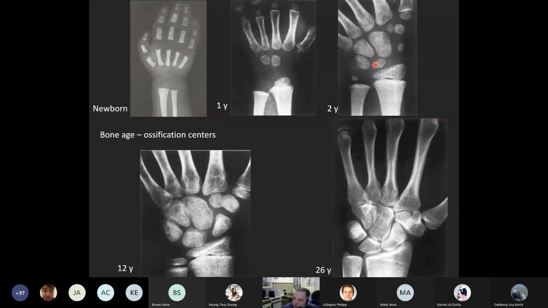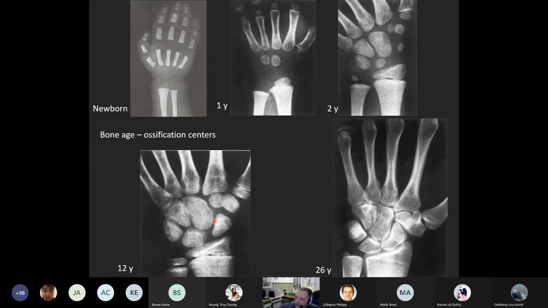You can compare this with the chronological age, and then you see if the development of the bone was normal or not. So this is sometimes required. That shows you one example for the medical importance of the ossification centers.